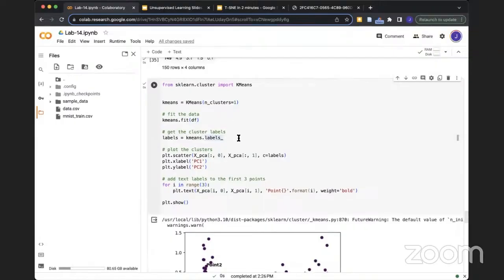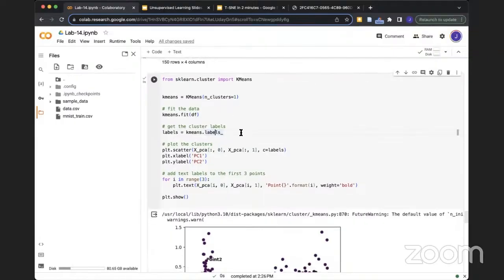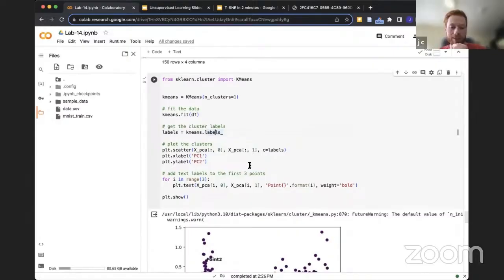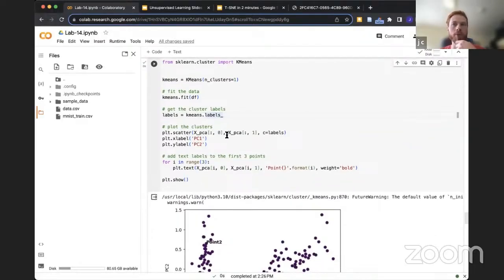So the correct answer here would be visualization. Yes, for visualization. It's just a practical way to, if I run k-means on my full high-dimensional data, I still often want to visually inspect my results. PCA or t-SNE would be one nice way to project my data into a lower dimension and just look at it. Okay.